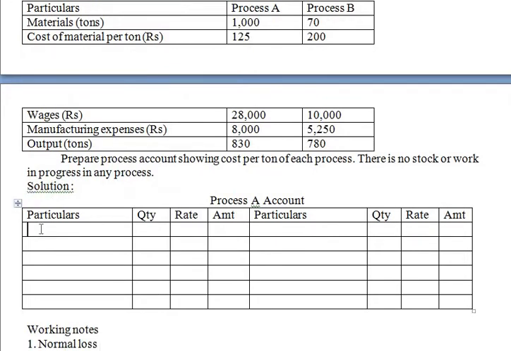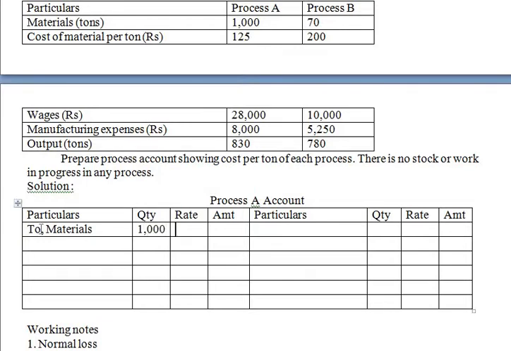Now here first we need to take to materials. Materials quantity is 1000.